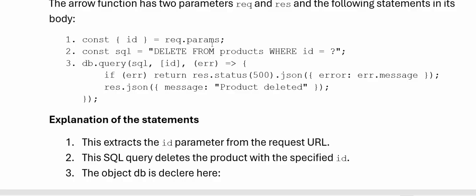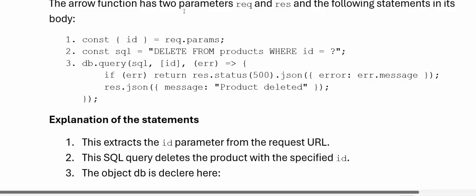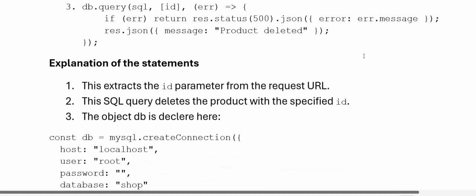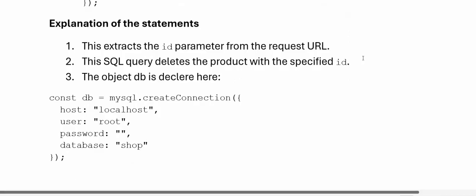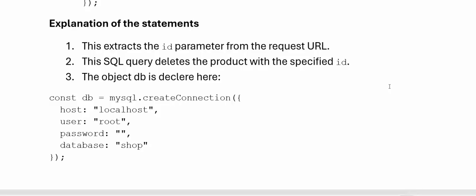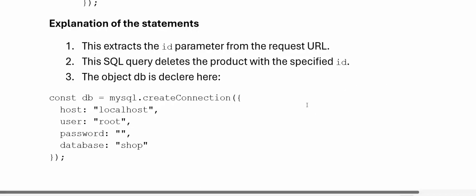It is an SQL query, DELETE where id equals question mark. And number three, db.query. Explanation: number one, this extracts the ID parameter from the request URL. Number two, this SQL query deletes the product with the specified ID. The object db is declared here.